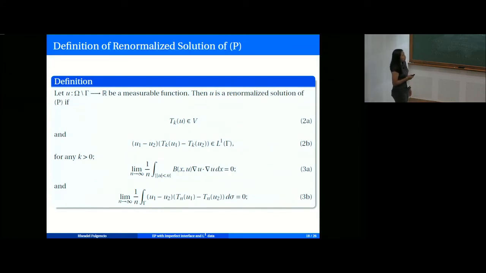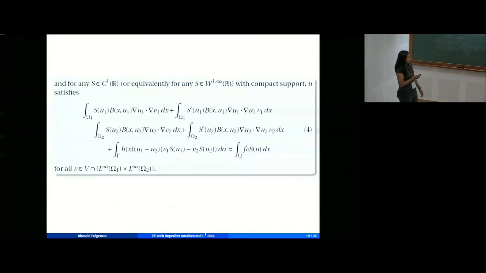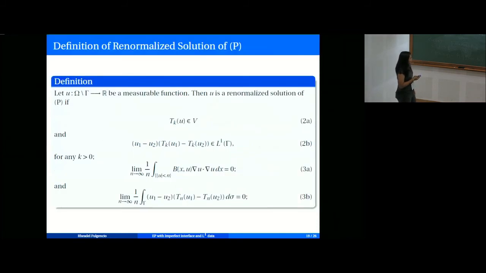Okay, so these two conditions, the first two, give sense to the integrals here. This also makes sense because Vs of U is bounded. So F is in L1, so we have that.